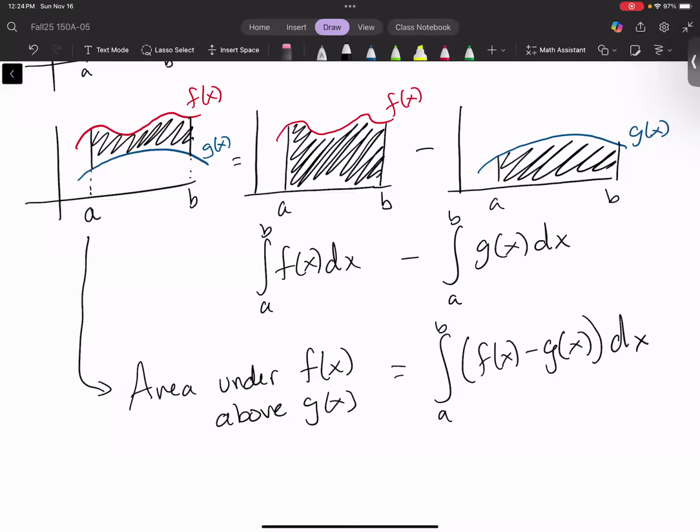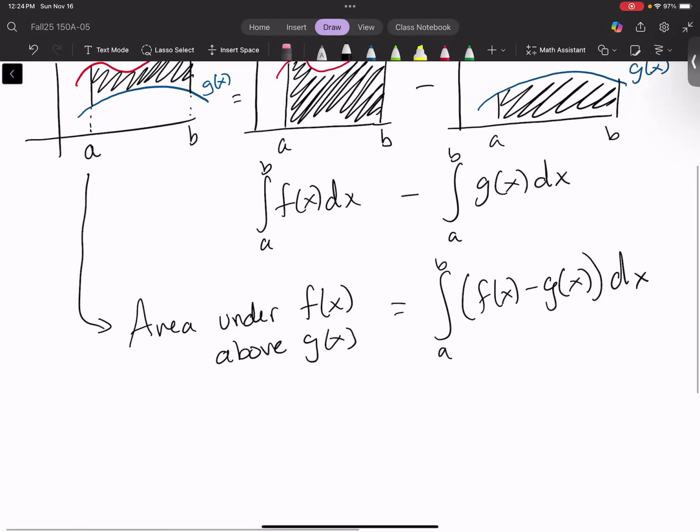This is the formula we're going to be using for the area between curves: the top curve minus the bottom curve, over the interval a to b that you're looking at.